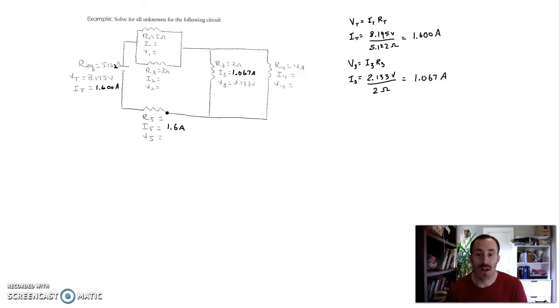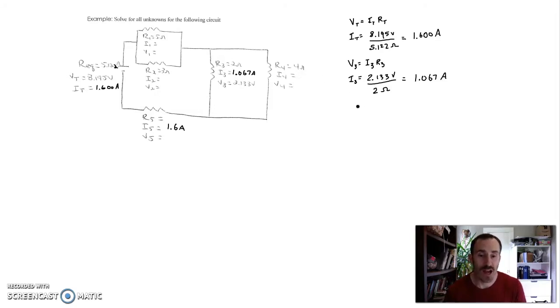Okay. I also know that my current going through this resistor is 1.067 amps. And this 1.6 amps, once it reaches this junction over here, is going to split and go down the R3 path and go down the R4 path. And those are the only two choices once it gets to this junction. And so my 1.067 amps is going to take up part of my 1.6 amps current. The rest is going to be I4.